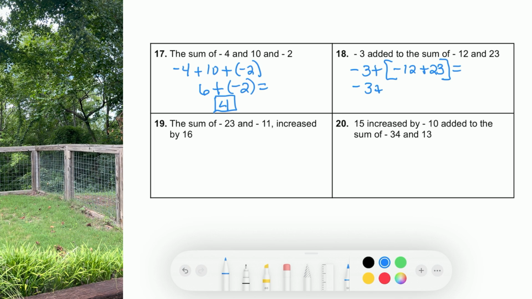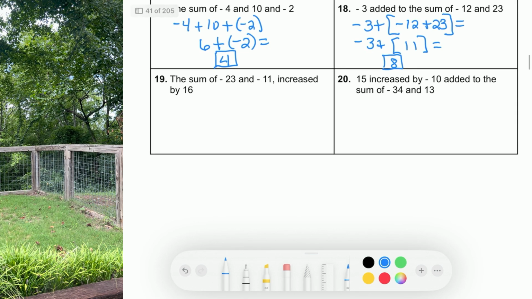Those are two different signs, so I'm going to find the difference, keep the sign of the greater. The difference is going to be 11. And since 23 is greater, it'll be a positive 11. Negative 3 plus 11, two different signs, so we're going to take the difference, which is 8. 11 is greater than 3, so it's going to be a positive 8, and that is our answer.